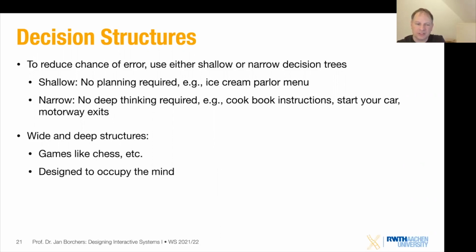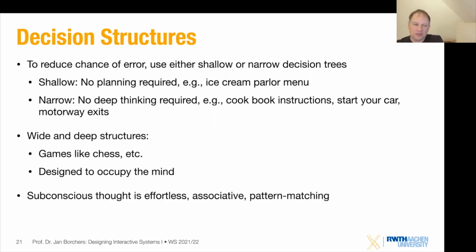We should also be clear that there are two ways in which you think about stuff. The subconscious thought is the one that you do when you're walking, for example, or taking stairs. You don't think about your steps, right? They just happen. It's effortless. It's associative. You do this with pattern matching. You see stairs, you walk up them. Conscious thought is like figuring out how much is 373 times 12.